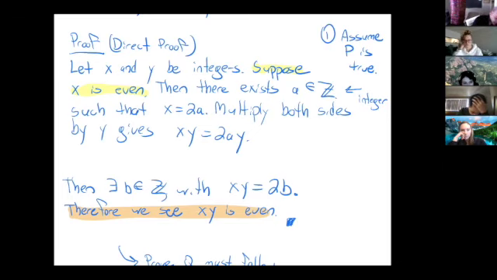So in other words, this does it, right? I just showed that x times y is equal to 2 times an integer.